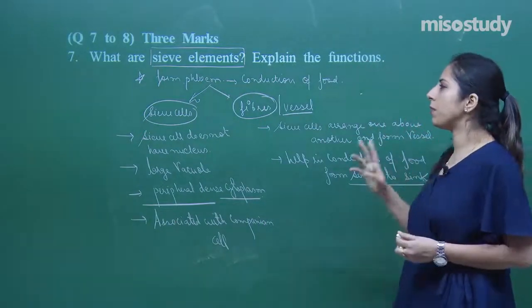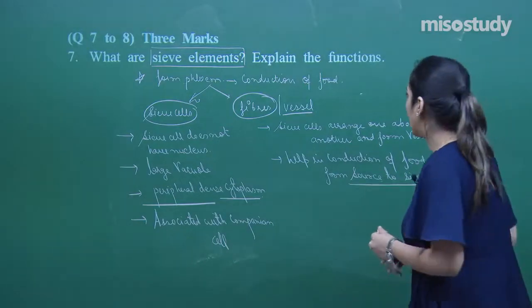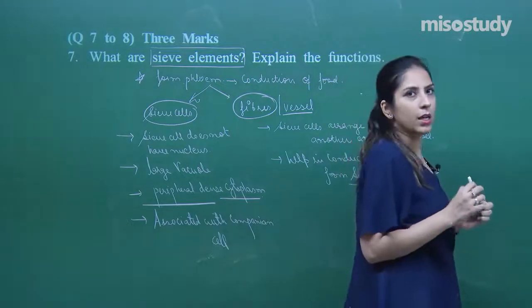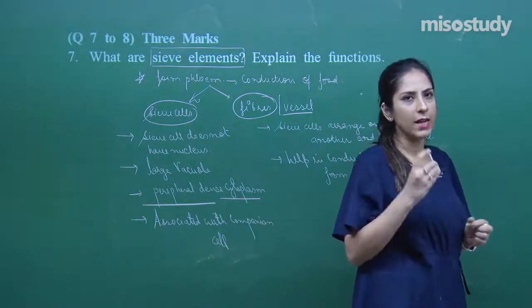So in this you have to explain about the sieve cells and the sieve vessels. Now, this whole explanation is incomplete. We have studied with the help of a diagram.